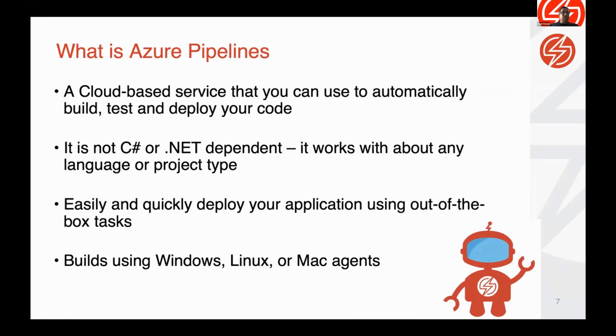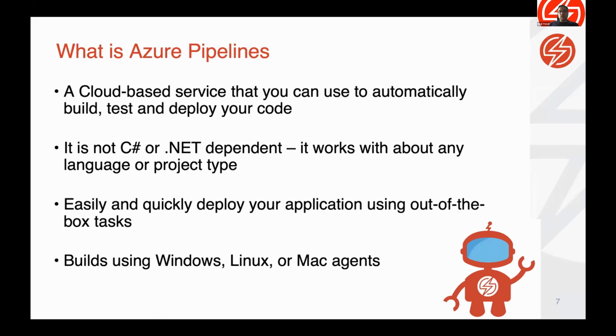Okay, so what is actually Azure Pipelines? Azure Pipelines is a cloud-based service that you can use to automatically build, test, and deploy your code. It's very important to understand that even though Azure Pipelines is from Microsoft, it doesn't mean that you can only use C# or .NET. It works with about any language or project type.